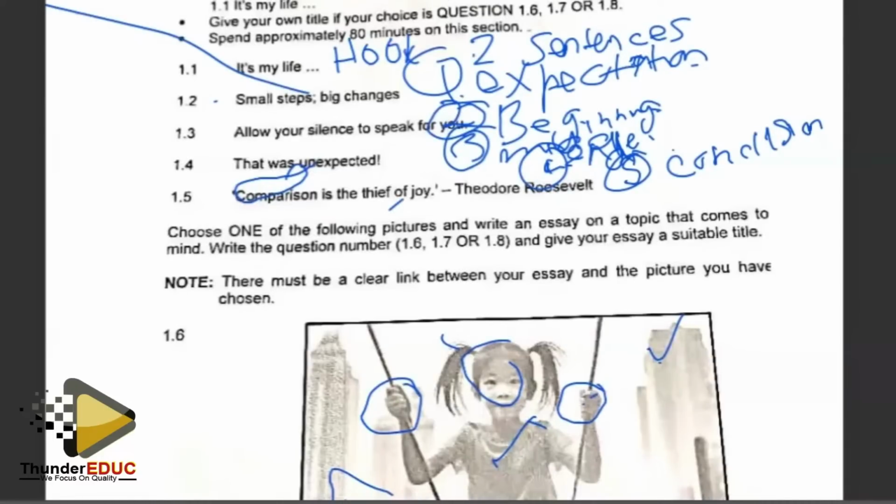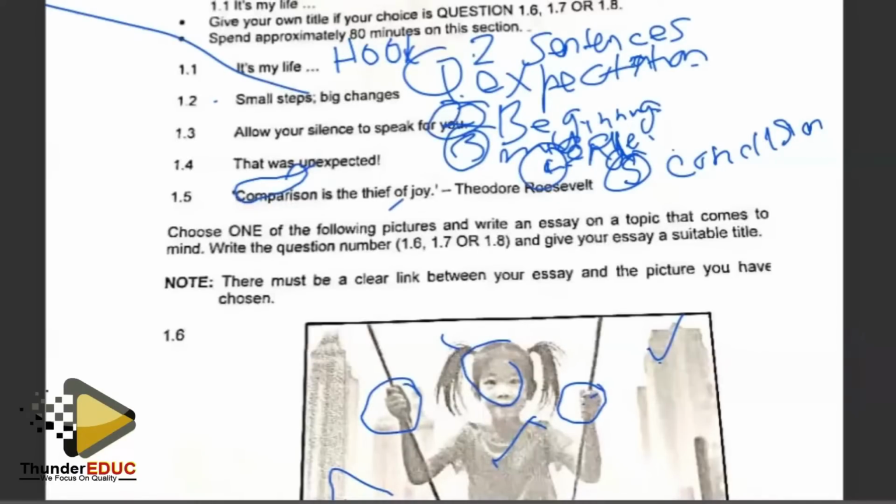And T is for tense, right? Very important when you're writing an essay. Try your best as far as possible, boys and girls, to keep your tense the same throughout your essay, right? Unless, of course, you are referring back to what someone said, and then it will be in direct speech or present tense. But try your best to keep your tense the same.